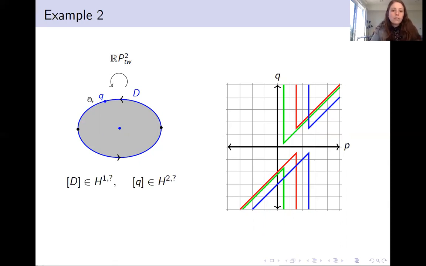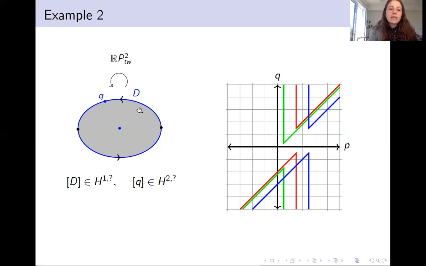I've already drawn a one-dimensional submanifold, just staring at us. That's this fixed circle, which I've labeled D. Topologically, this is codimension 1, so this should live in degree 1 comma something. Same for Q: I have this fixed point, and I would expect to get a class in 2 comma something.